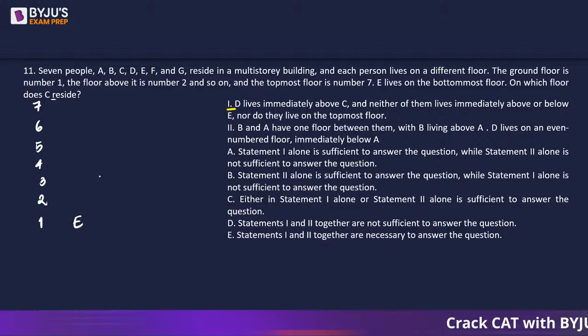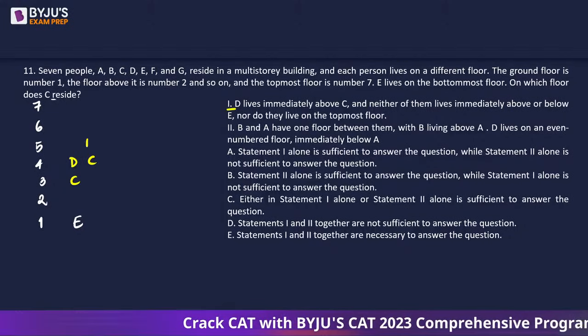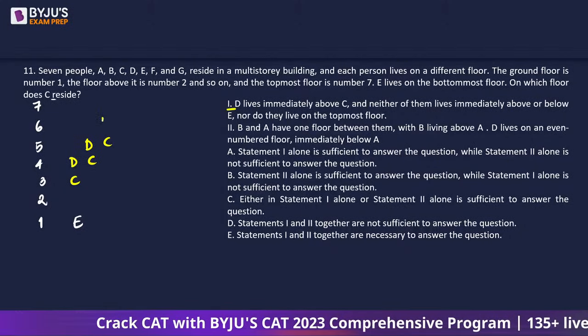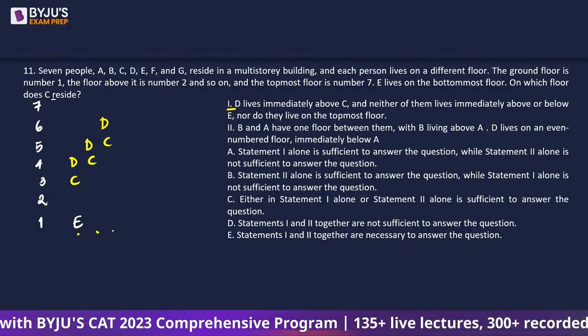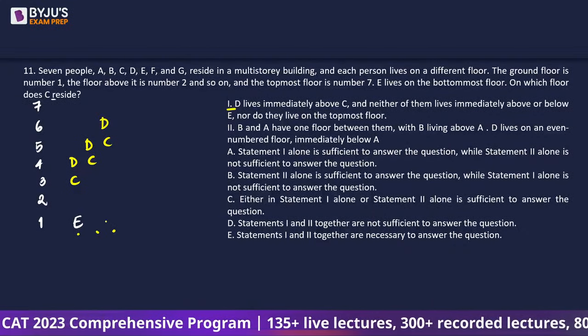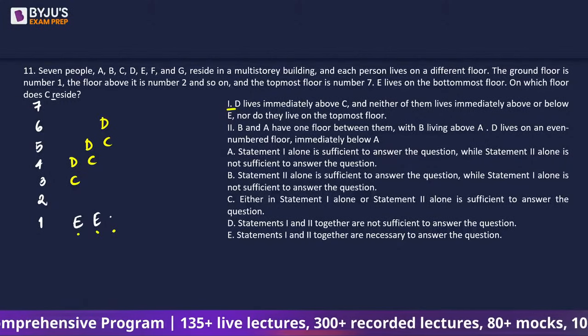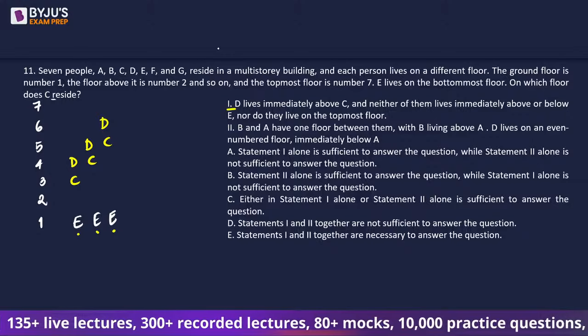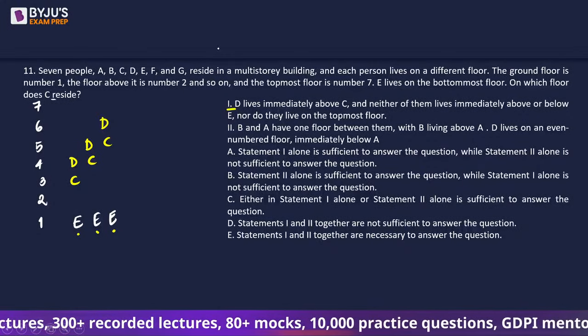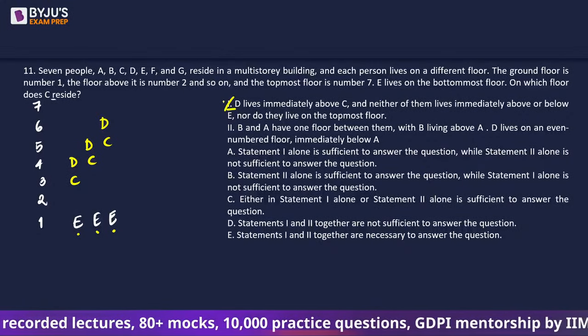Let me write it down. So we have C and D here. We can have C and D here. We can have C and D here. So actually there are 3 possibilities where C and D can live. So C can reside at 3 different floors. We don't know which one. So definitely from the first we are not getting the answer.